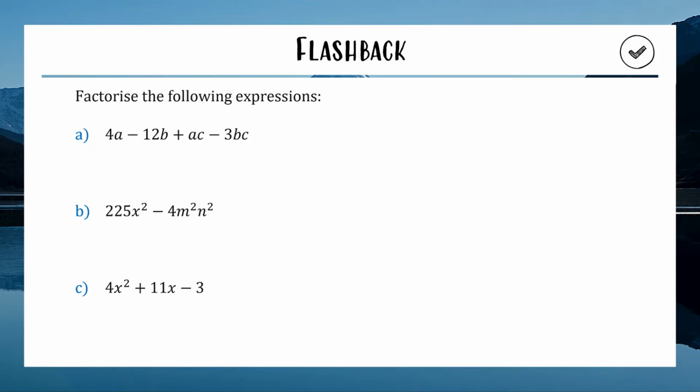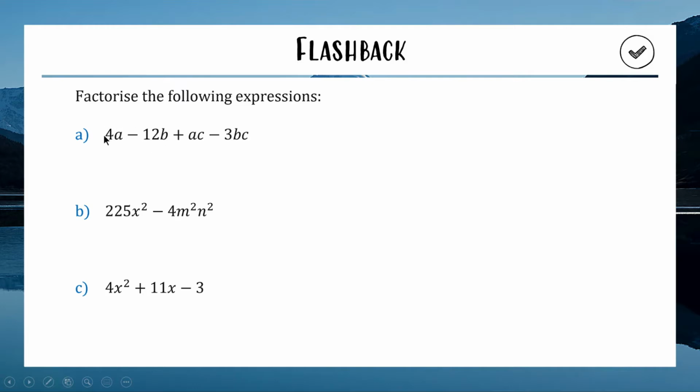For the first one, whenever we see a factorizing question with four terms, we're thinking to ourselves it's probably going to be one of those grouping pairs factorization questions. Because there is no common element in all four terms, we can't factorize all four at once. So we're going to factorize the front two and the back two, and then hopefully we can factorize them together.